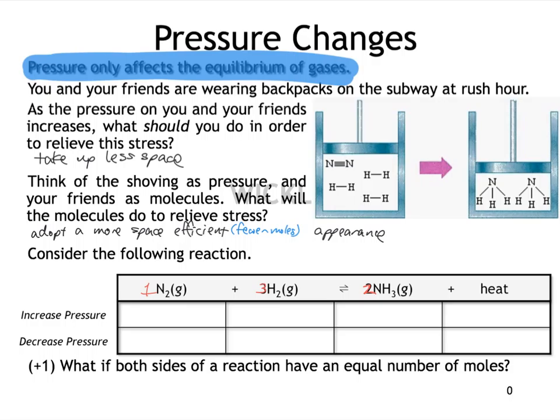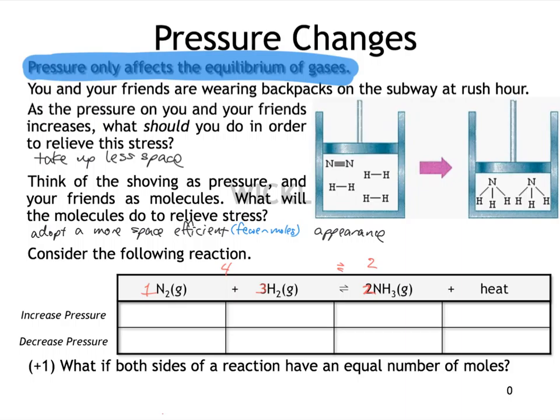So what you've got is a 1 plus a 3, or 4 moles, in equilibrium with a 2 mole appearance. So this is the side that would be favored if you have more space and less pressure, and this is the side that would be favored if you had extra pressure or less space.